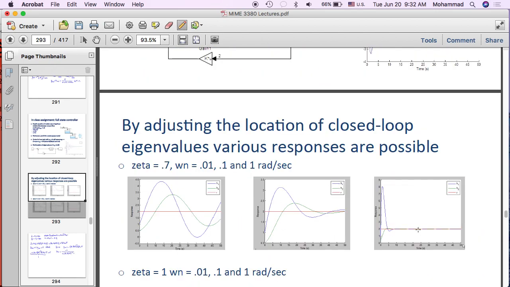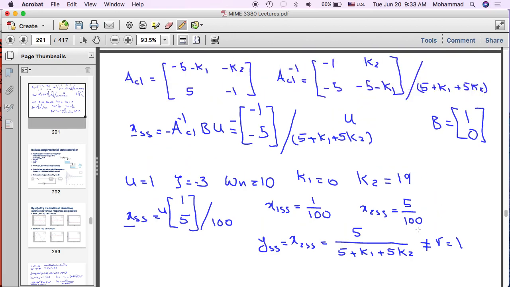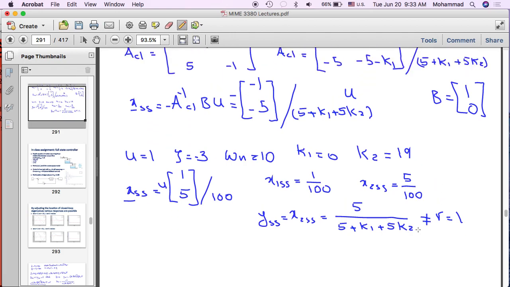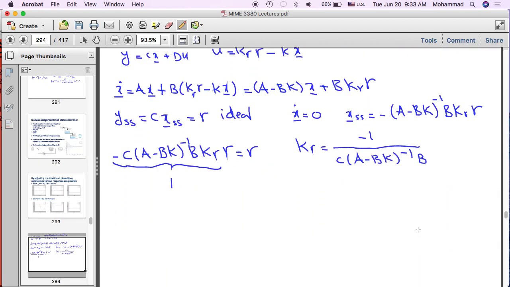So the example that we solved was what? We solved an example where K1 was 0, K2 was 19, so K is essentially 0 and 19.